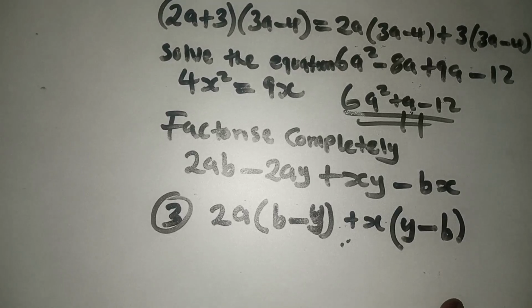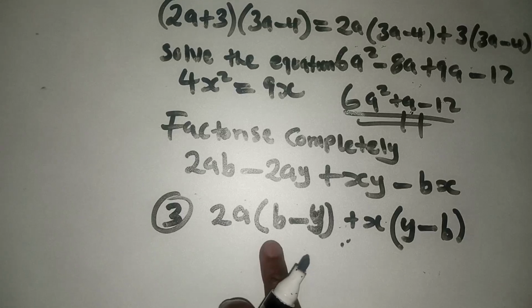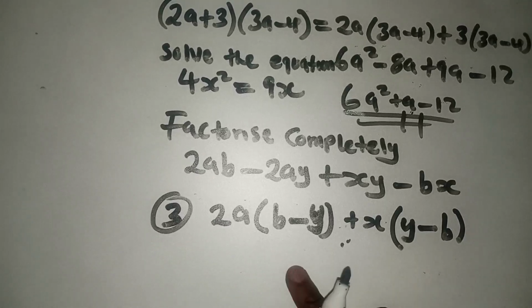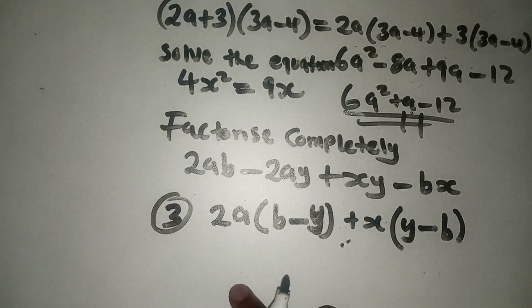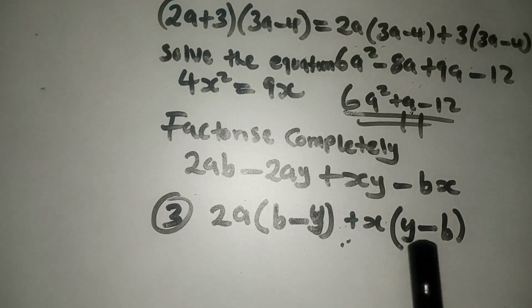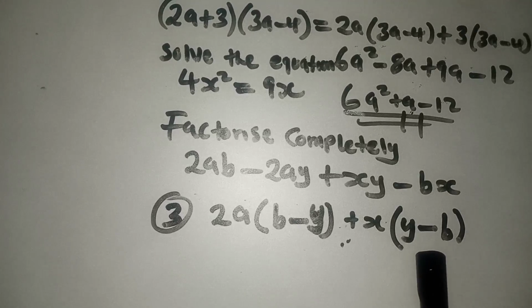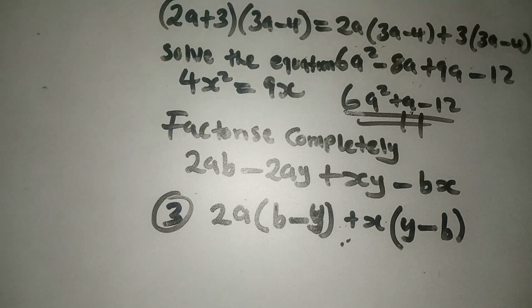So now you look at what is in the brackets. This one we've got b minus y, the other one we've got y minus b. These are similar, so you have to be clever and sharp. You should do something to y minus b so that it can be the same as b minus y.